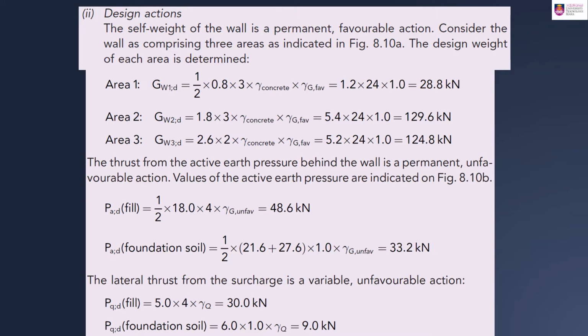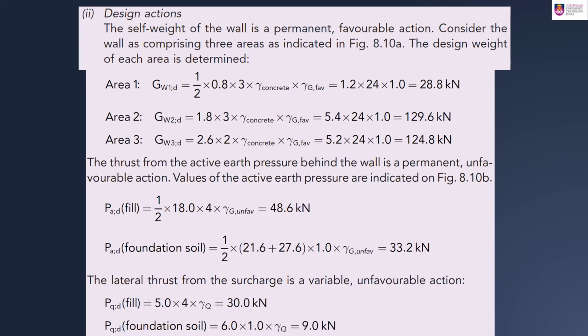The next one, we have to check the design actions. The self-weight of the wall is permanent, so therefore it is a favorable action. Consider the wall as comprising 3 areas as indicated in figure 8.10a, and the design weight of each area is determined from the cross-sectional area.